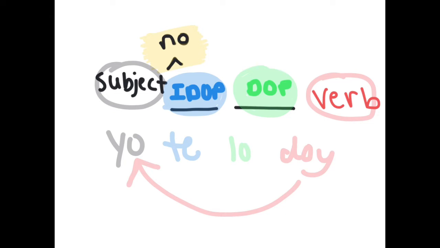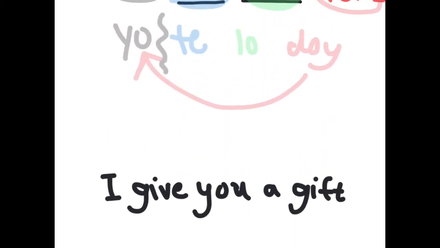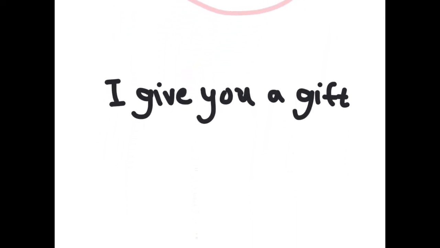Also, if you put the no in, then it would be, I do not give you it. And that no would fit in right here. So this English sentence can actually be used for the example above. Yo te lo doy.